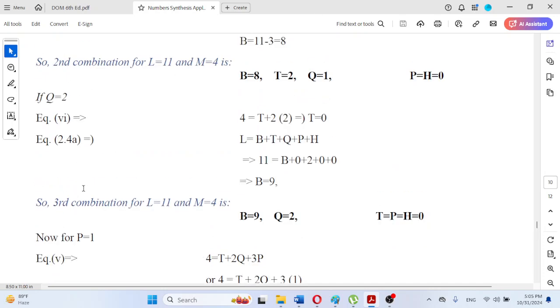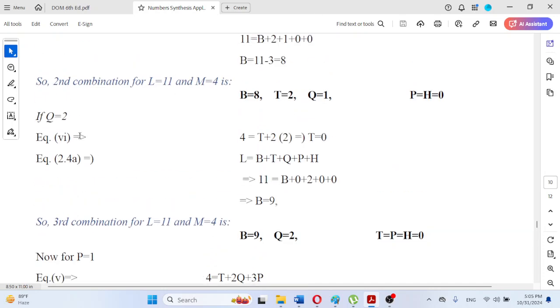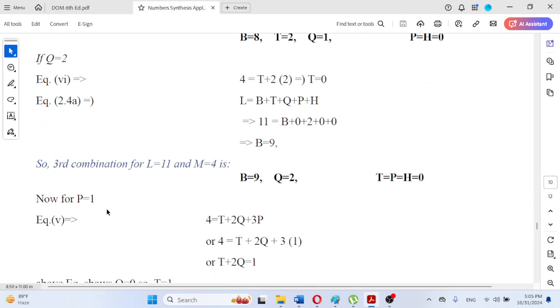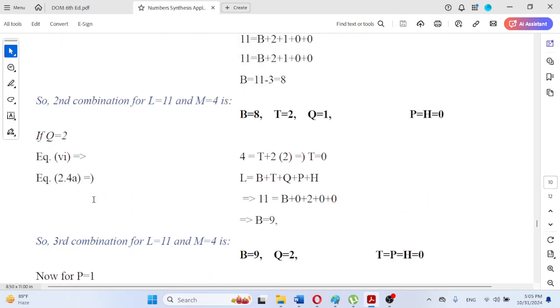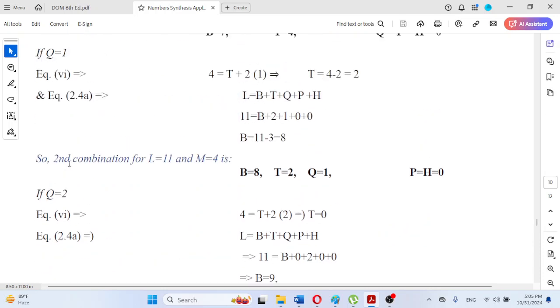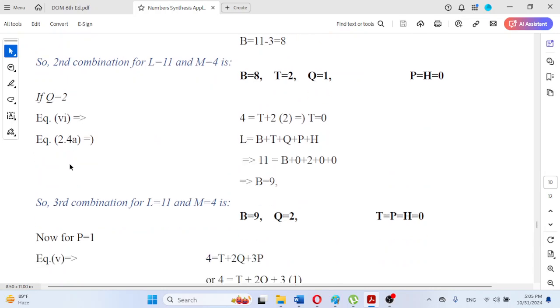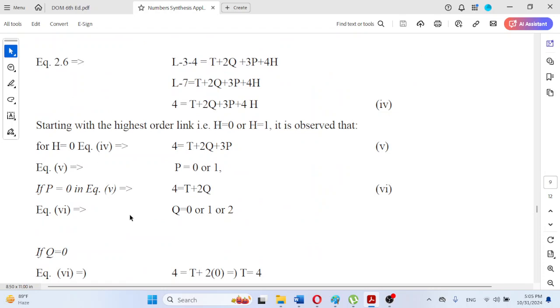So now all values for the quaternary link have been tested, so we will be moving backwards to the pentagonal link, because all these values of quaternary link were tested for P is equal to 0. So the other value for P was 1.